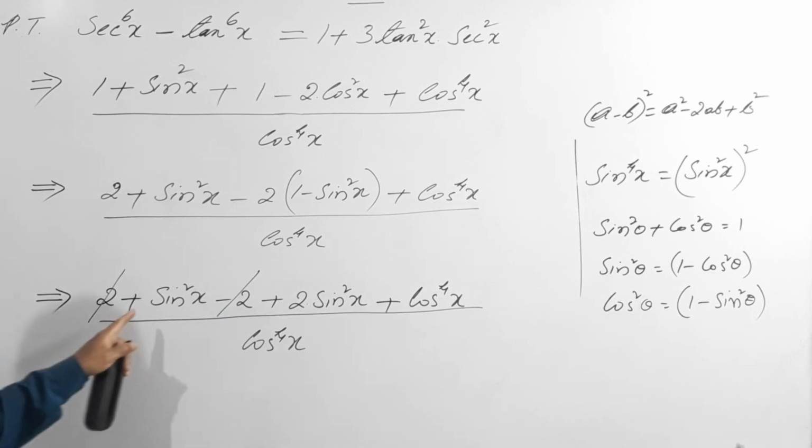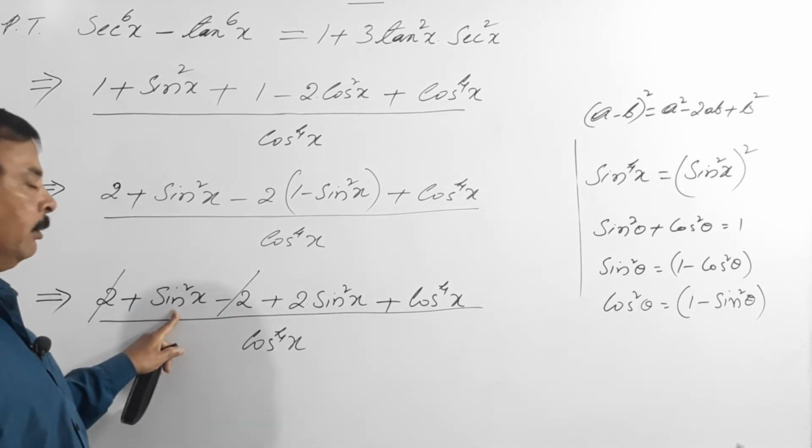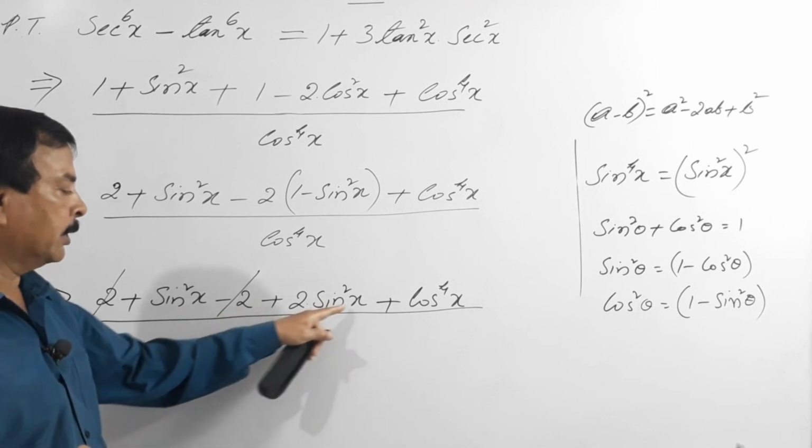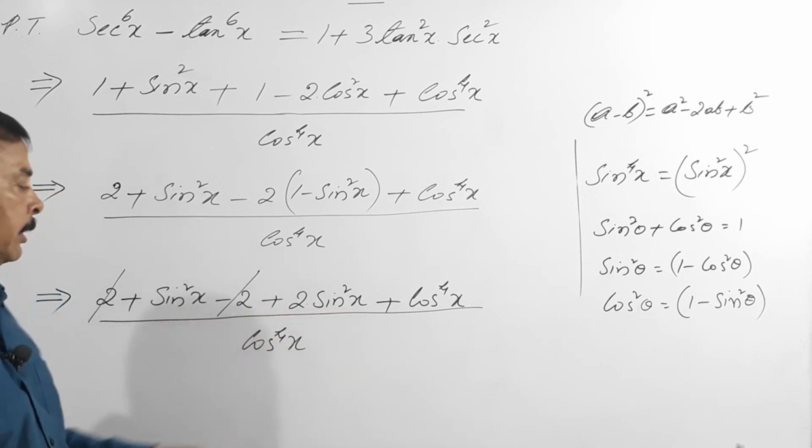Done. Here you have plus sin square theta, that is 1 sin square theta plus 2 sin square theta. If you add that, it will be 3 sin square theta.